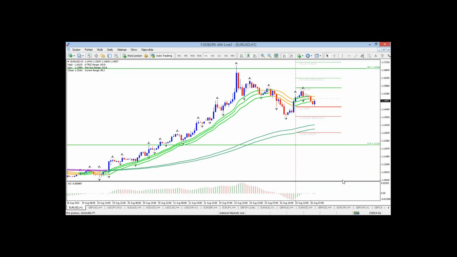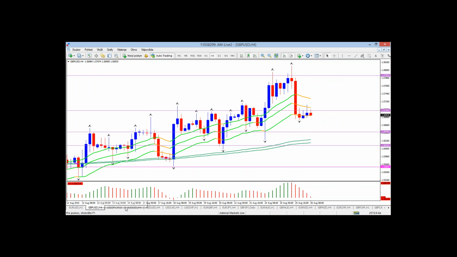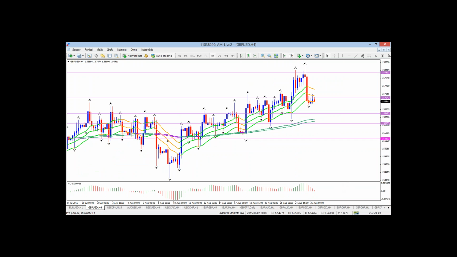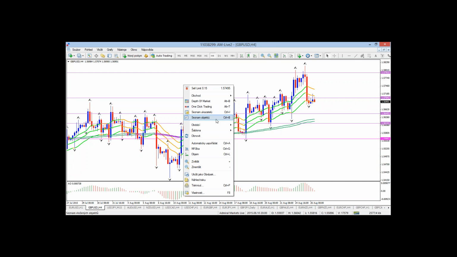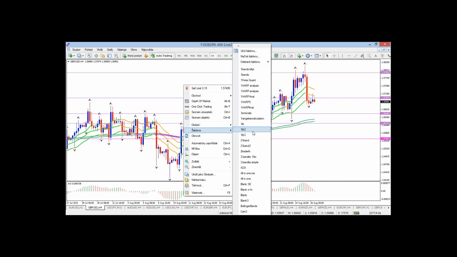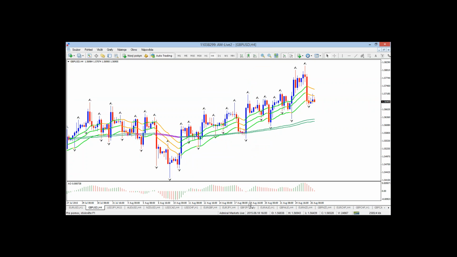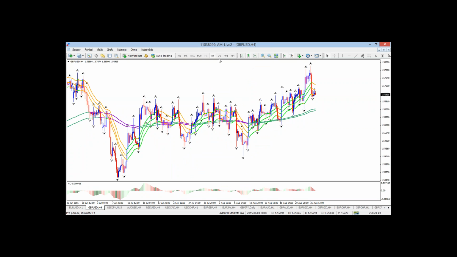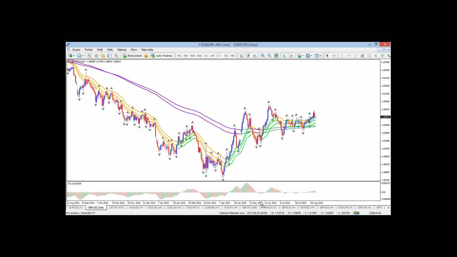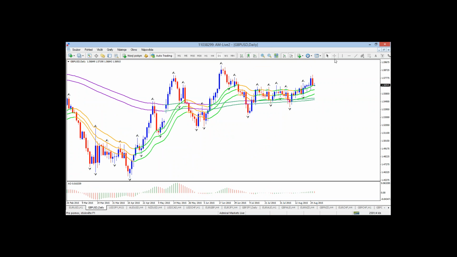Let me first, let's see. Let's take a look maybe at a new pair in the meantime so we can use those trend lines on a different currency pair. Let's take a look at the pound dollar. All right.